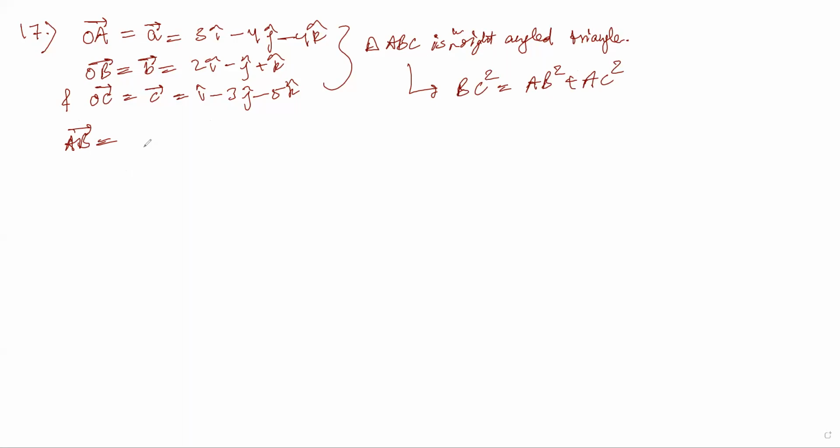What would be AB? 2i minus 3i plus, which would be minus i, minus i plus 3j plus 5k. And similarly, you can find out BC and AC. AC is equal to minus 2i plus j minus k. BC is equal to minus i minus 2j minus k.